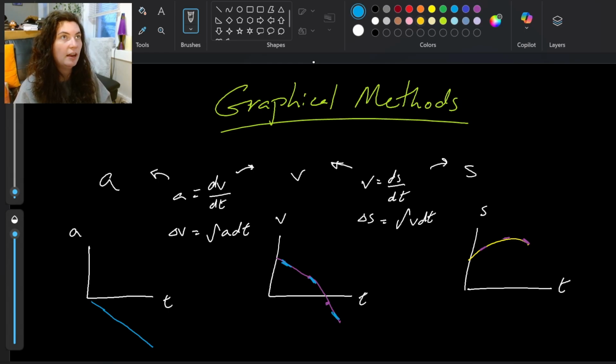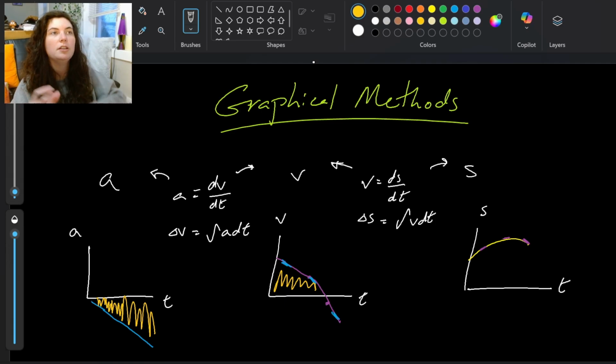I can find the area under the curve of my acceleration graph in order to find my velocity and plot those velocity points. I can find the area under the curve for my velocity graph to find my position graph. Right? So I can go between these graphically knowing that derivatives give me slopes and integrals come from area under the curve. And I can use these relationships to go between these in cases of erratic motion.